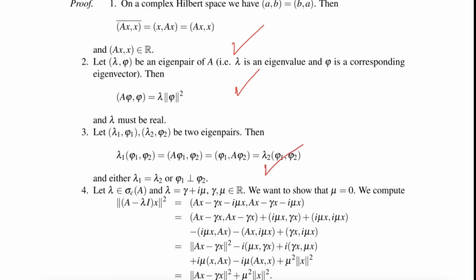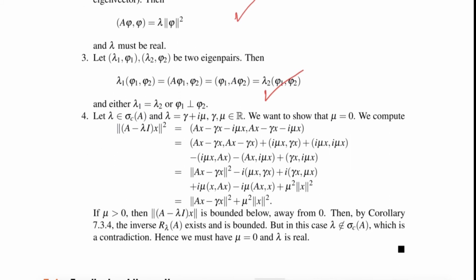And then the last one was the result on the continuous spectrum. So let's first of all compute the norm of (A minus lambda I)x for lambda written in components. I write lambda to be gamma plus i mu, where gamma and mu are real numbers. And I would like to show that mu is equal to 0.